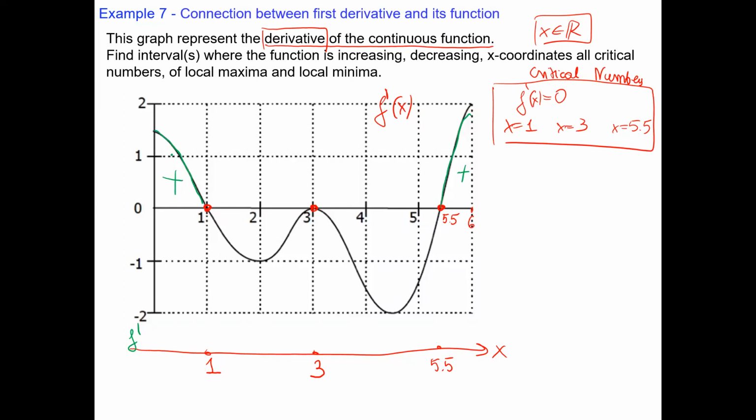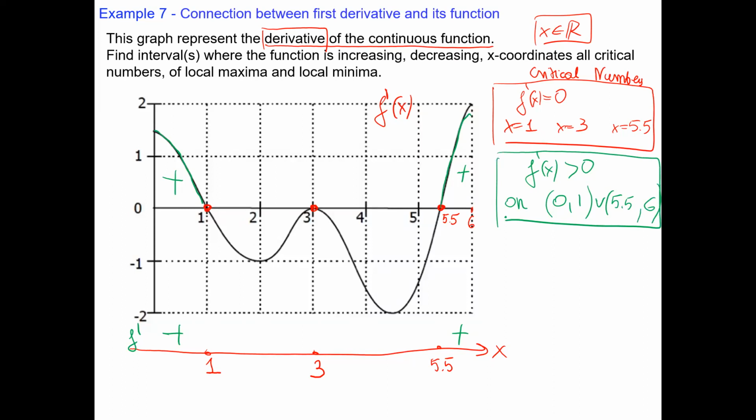I have to know where the derivative is positive. And it's here and here. Yes, I can say it's positive on the interval from 0 to 1, and from 5.5 to, let's say, 6, since we only see that, okay? And these are increasing intervals. That means the function is increasing.